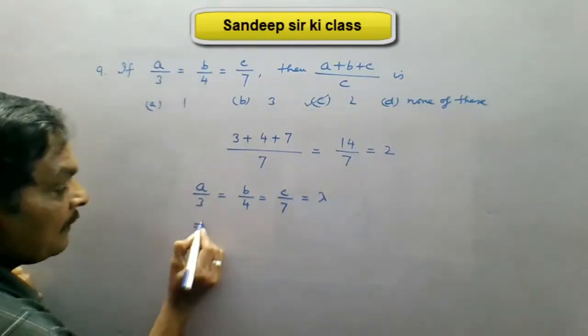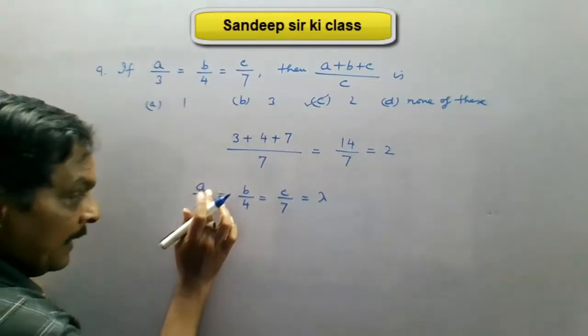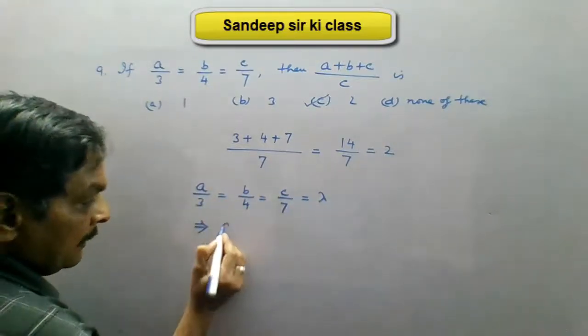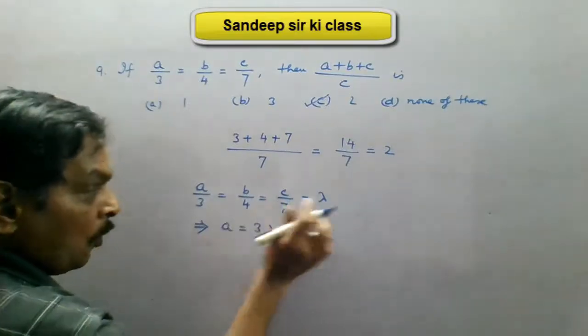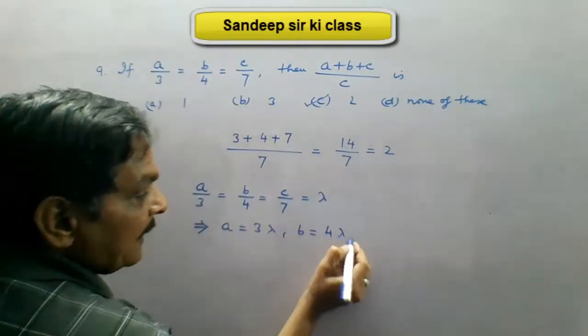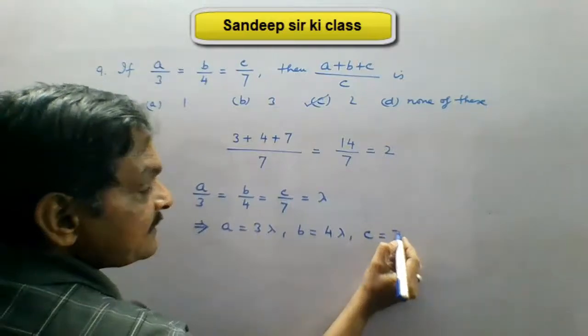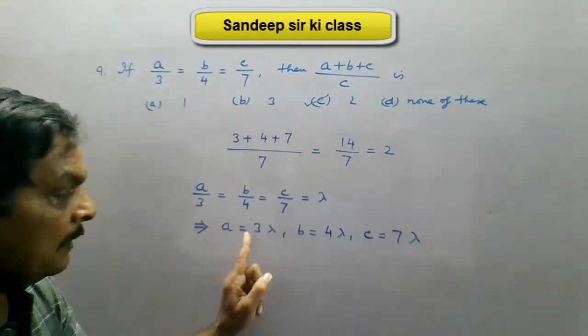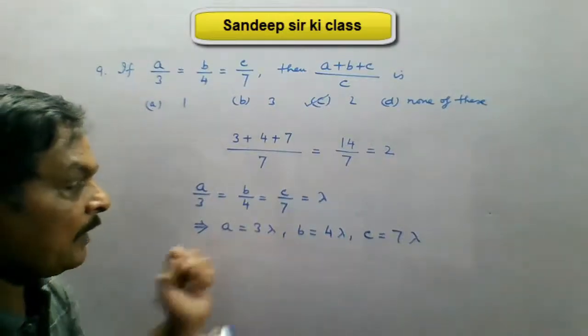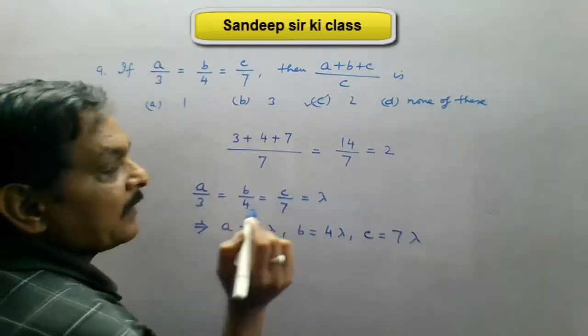This gives me, when I cross multiply, A is equal to 3 lambda. Similarly, B can be taken as 4 into lambda and C can be taken as 7 into lambda. A is equal to 3 lambda, B equal to 4 lambda and C equal to 7 lambda.